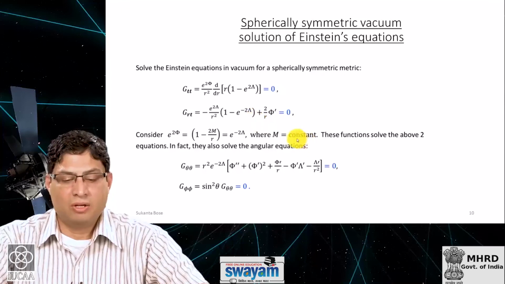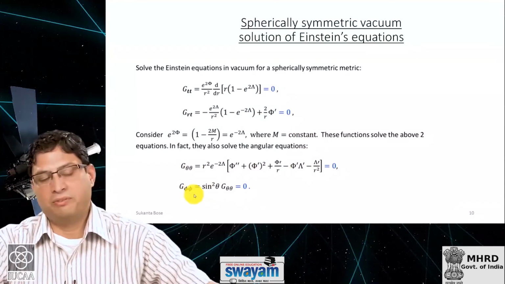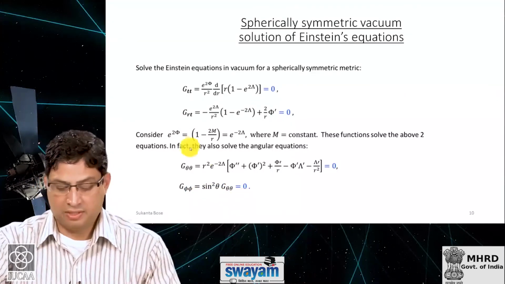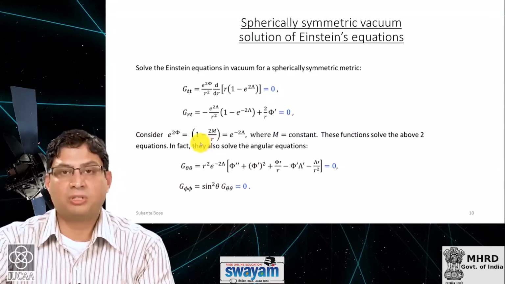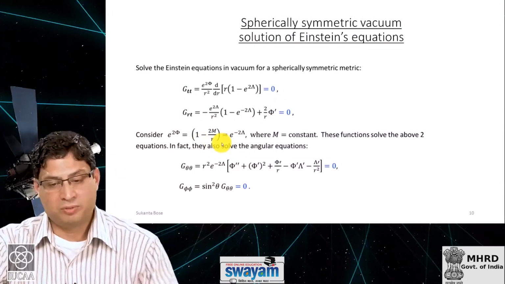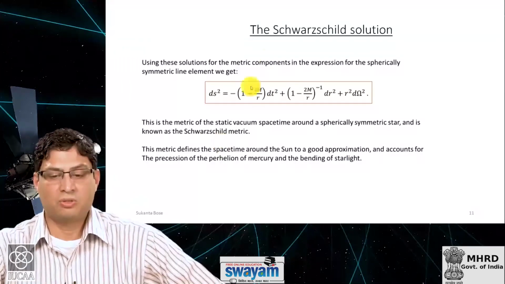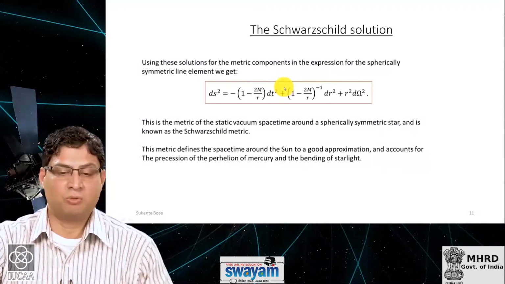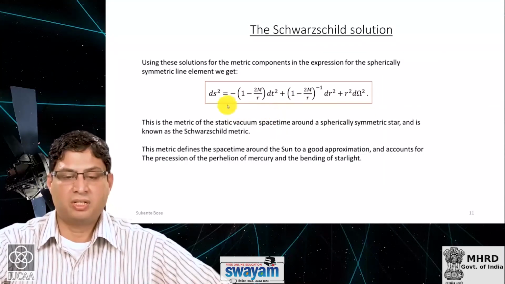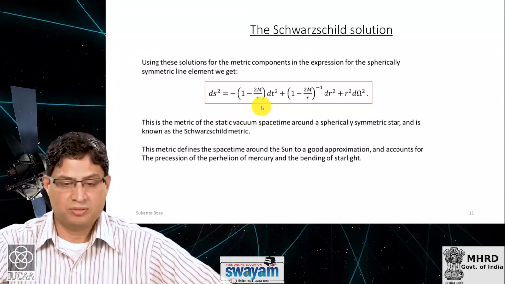Furthermore, they also satisfy G_θθ equal to 0 and therefore G_φφ equal to 0. So, this solution for phi and lambda, when inserted back into the expression for the metric in those coordinates that we will now call the Schwarzschild coordinates, gives you this form. So, this is the metric under the stated assumptions.